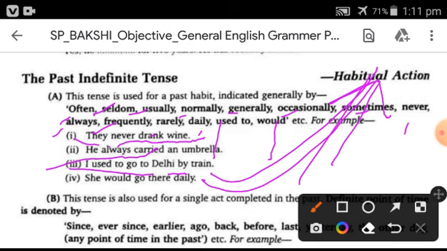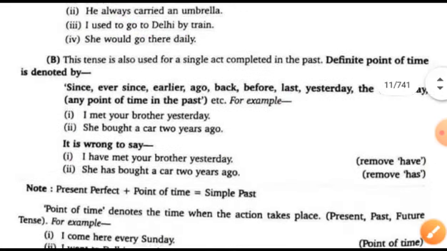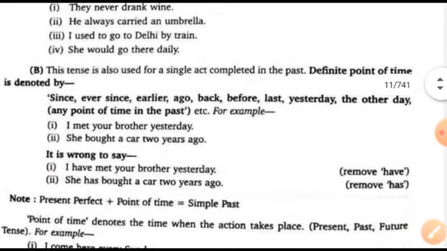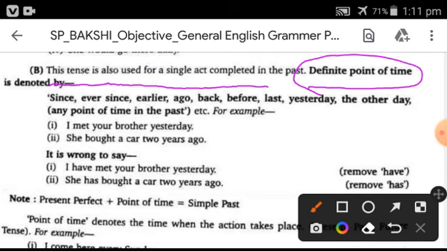And point B refers to a single act completed in the past. A definite point of time is denoted by words like since, ever since, earlier, ago, back, before, last, yesterday, the day.